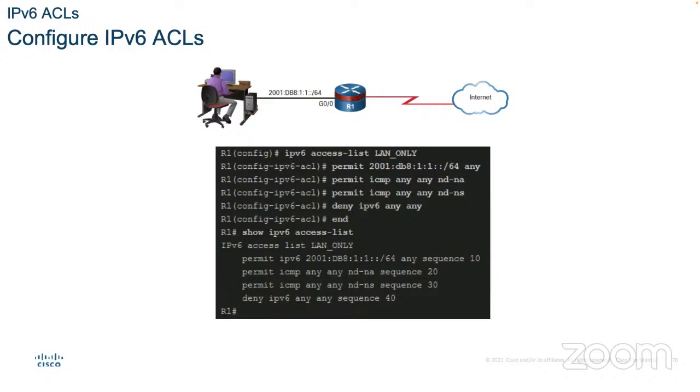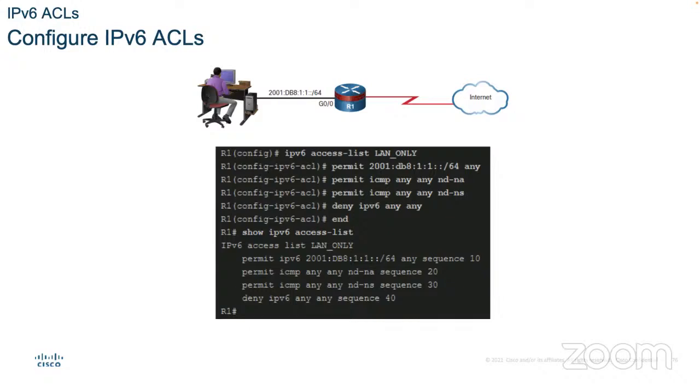Each v6 ACL also contains implicit permit rules to enable IPv6 neighbor discovery. NDP requires the IPv6 network layer to send neighbor advertisements and neighbor solicitations. If an admin configures the deny ipv6 any any command without explicitly permitting neighbor discovery, then NDP will be disabled.